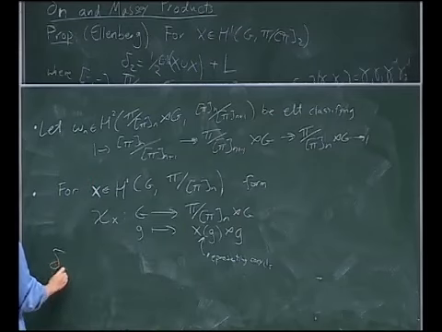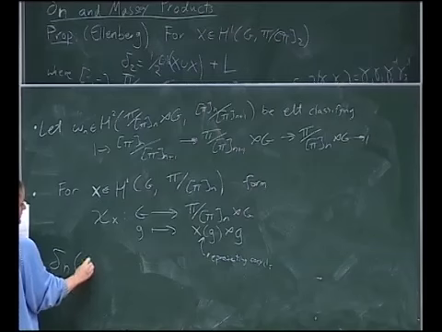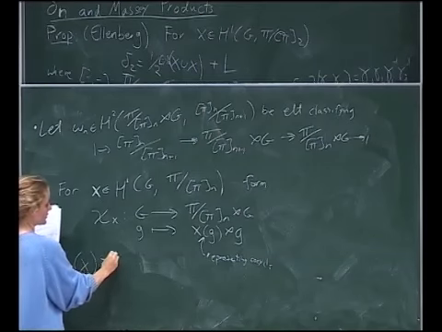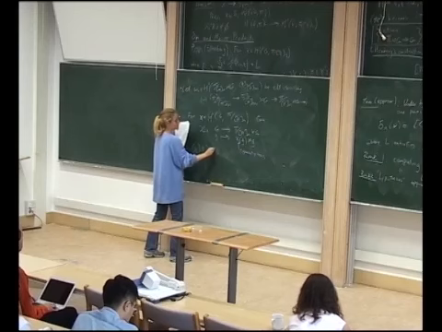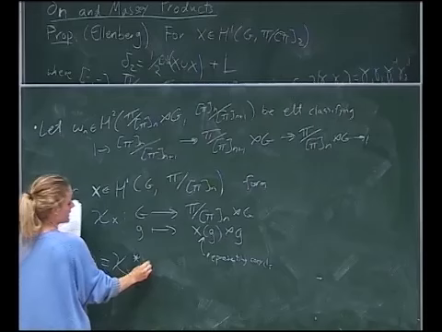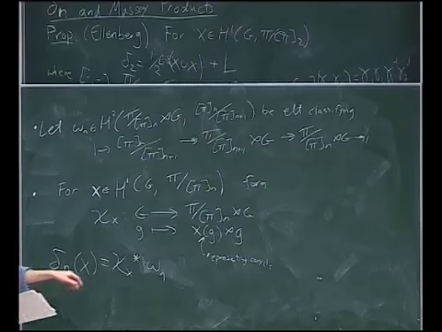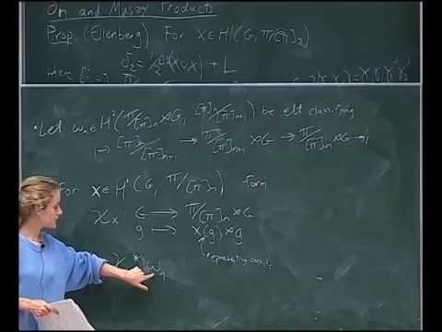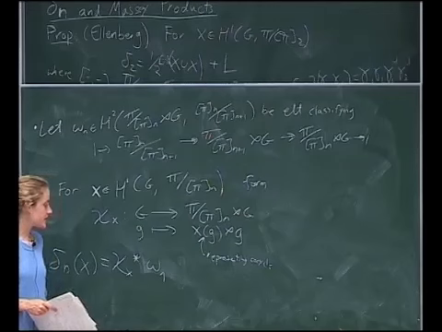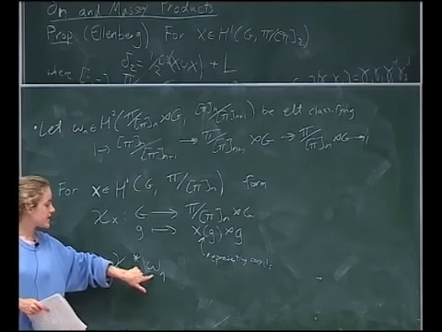This is a representing cocycle. And then the way boundary maps in group cohomology work is just that the boundary of X is equal to the pullback of the class classifying the extension.